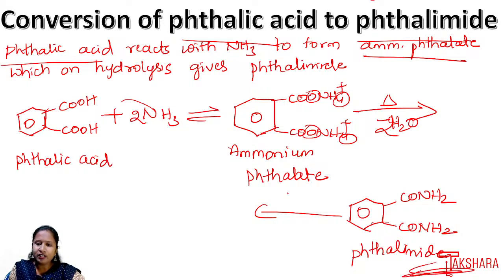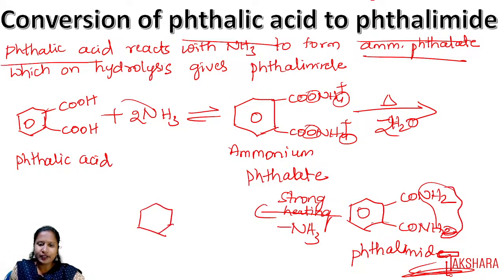Again if we treat with strong heating, okay, here what happens to the NH3 molecule? It gets removed. So when NH3 is removed, see this NH2 and NH3 removed, we will get the product, what? Benzene ring with C double bond O, and down also we have C double bond O, and only one NH group.